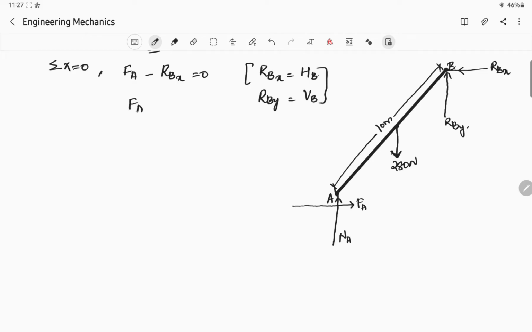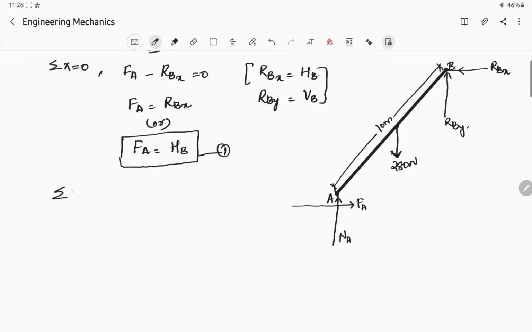So Fa is equal to Rbx, or Fa is equal to Hb. You can write like this also, right? So Fa is equal to Hb. We got this one. We will name this as equation number 1.